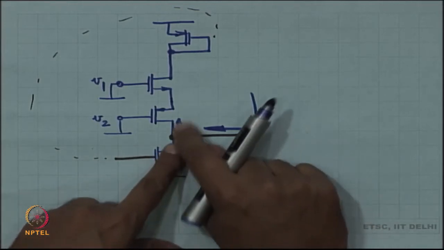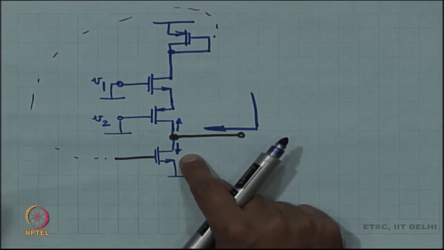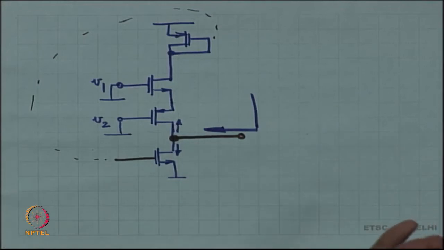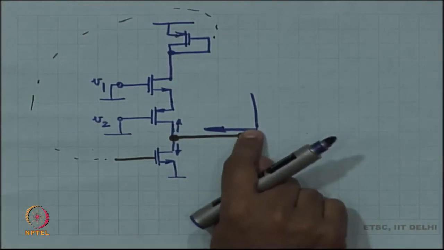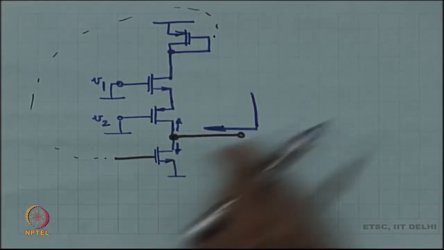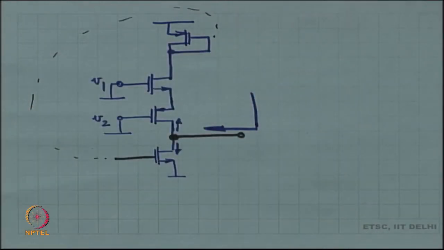So, effectively looking up whatever impedance you see, looking down you will see more or less the same impedance, which means that the net impedance is going to be half. I apply a voltage, some current goes up, equal current goes down. So, the net impedance is going to be half of the impedance that you see looking up. Fine, almost. Let us work it out.